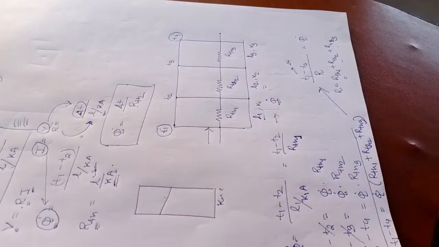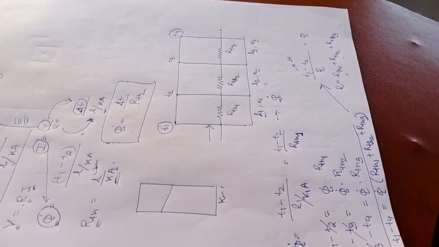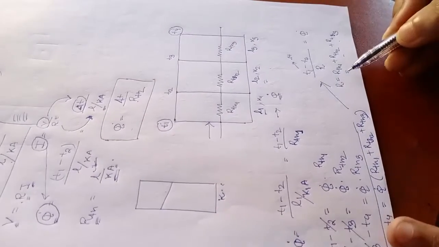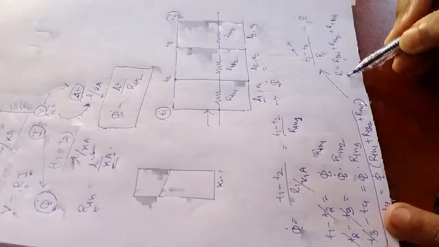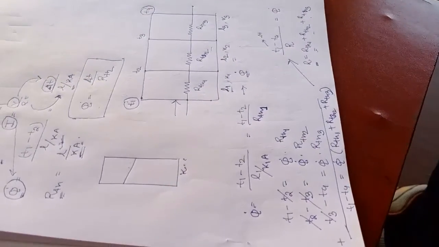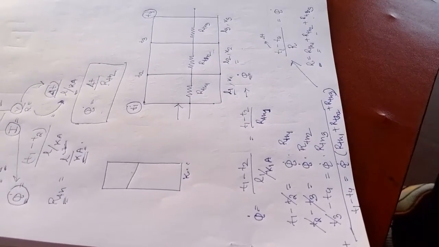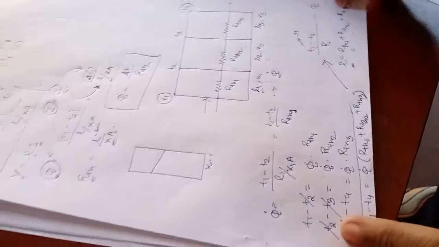So if the walls are in series, then the net resistance R is nothing but the summation of all the resistances, just like your electrical analogy.